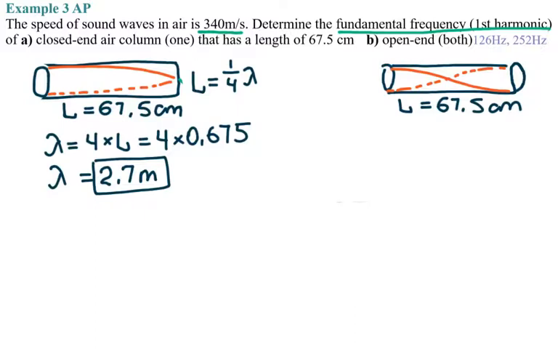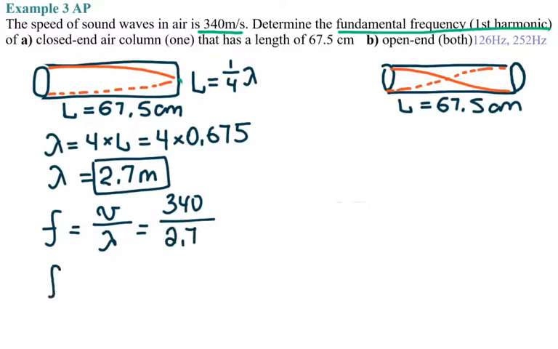And I need to find the frequency. The frequency is equal to the velocity over the wavelength. That is 340 divided by 2.7. So the frequency is equal to 126 hertz.